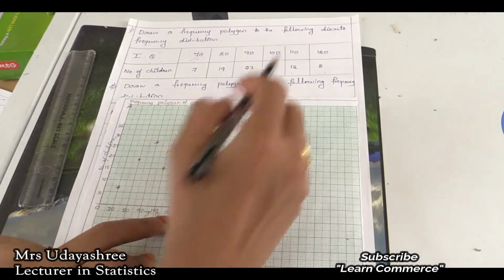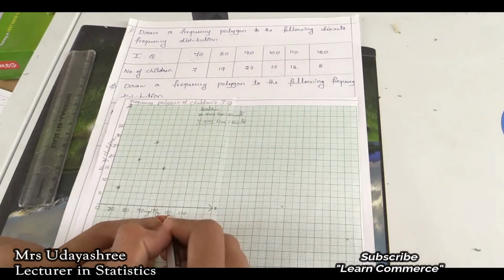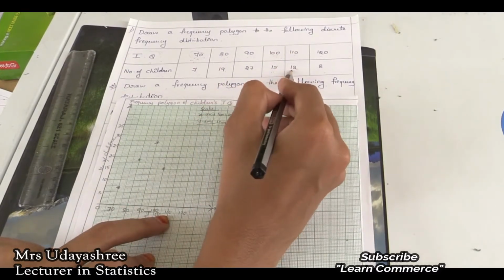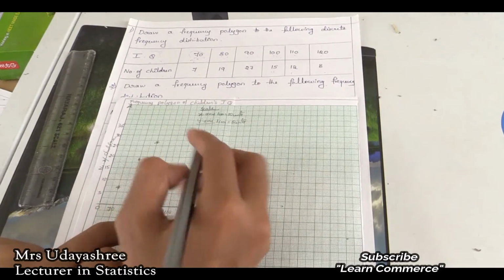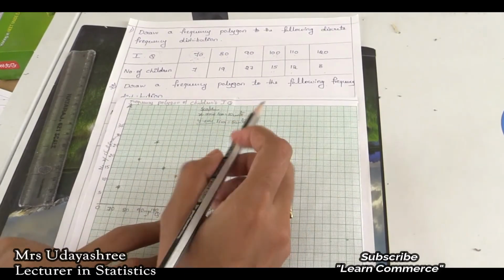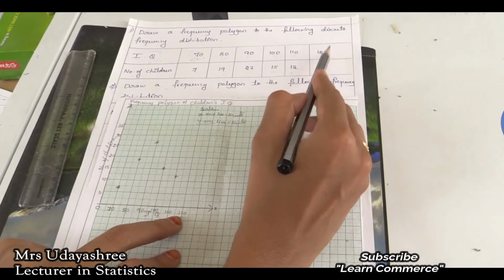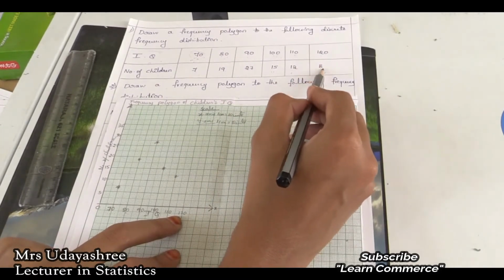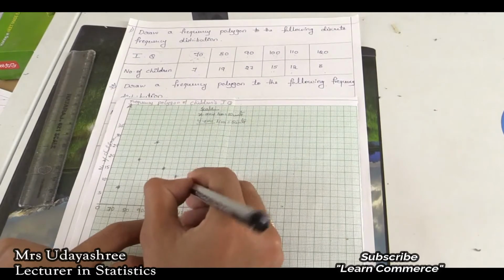Next 110, with corresponding frequency 12. So 10 is here, and 12 comes here. Next class is 120, with corresponding frequency 8. So 8 comes here.